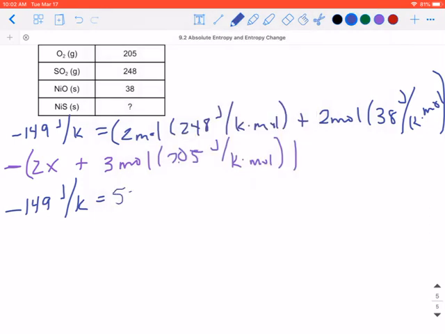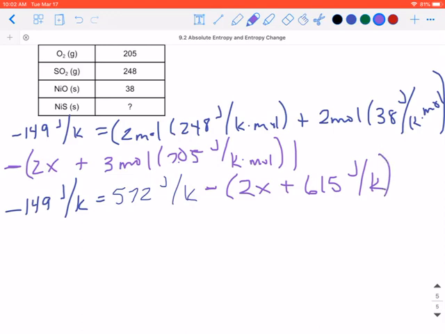Alright, so 572 joules per Kelvin minus our 2x plus 615 joules per Kelvin.